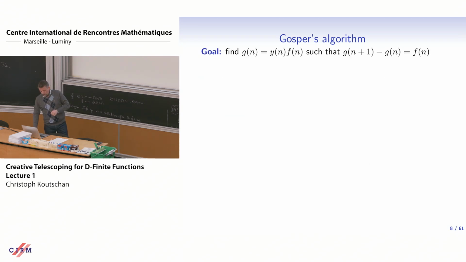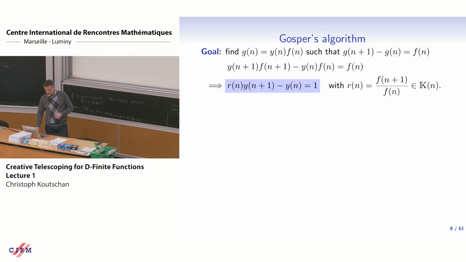Okay, so we keep this in mind. We want to find this y of n such that g of n is an antidifference of f of n. So now we plug this in, we get this. Okay, no magic here. And now we divide this equation by f of n, then this disappears here, and here we get f of n plus 1 divided by f of n, which is a rational function that we called r of n.